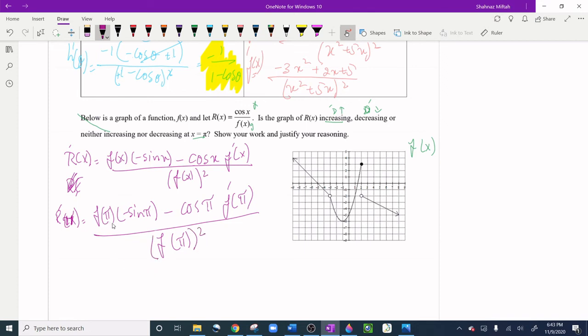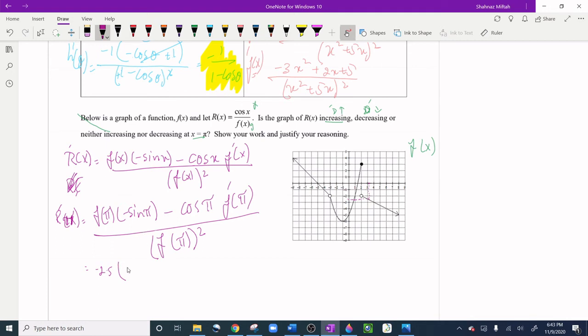Now f of pi means the y value at x equal pi. Pi is about 3.14, so it's probably up here. This is going right there, which is negative 2.5. We are approximating, so that's negative 2.5, the y value.